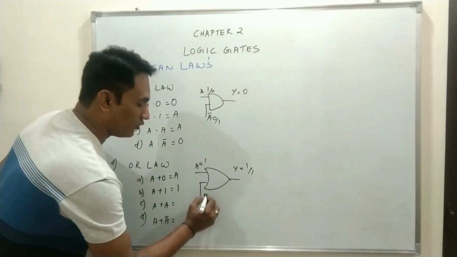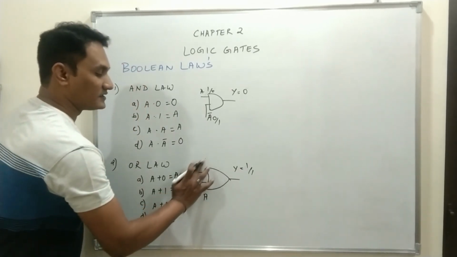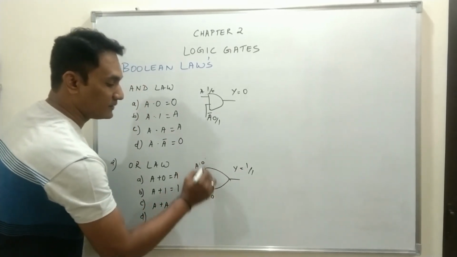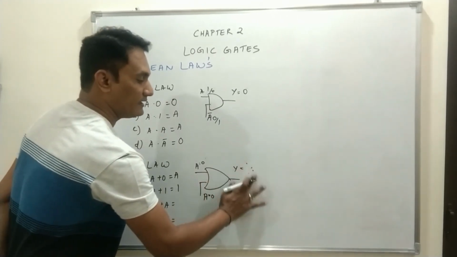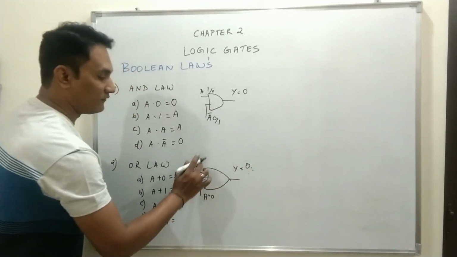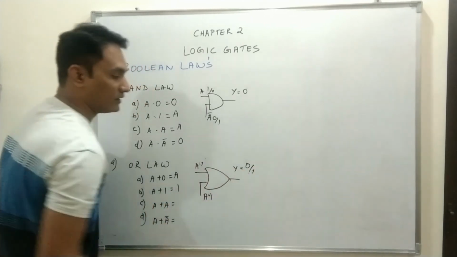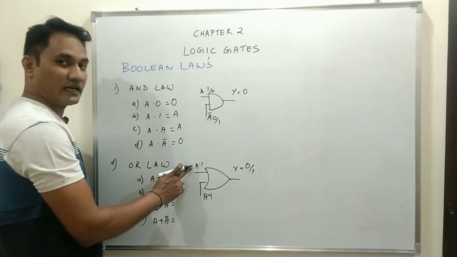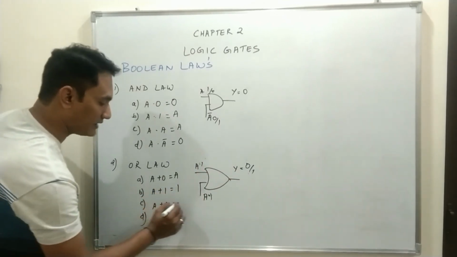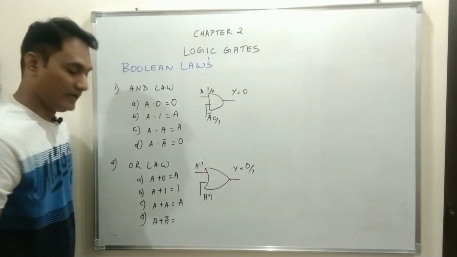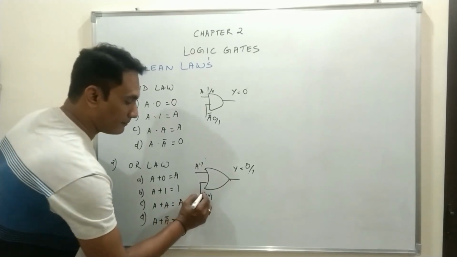Next, if both the inputs are A, so if you give 0 as input, both the inputs become 0, 0 plus 0, the output will be 0. And if you give 1 at the input, both the inputs become 1, and 1 plus 1, the output will be 1. So whatever be the condition at A, the same is the output Y. So A plus A will be always A, and then A plus A bar.